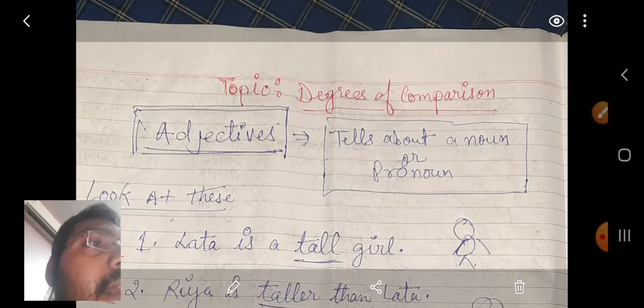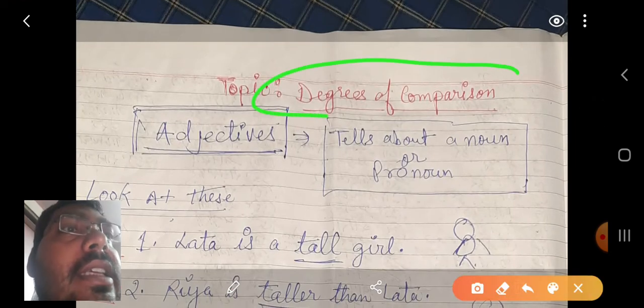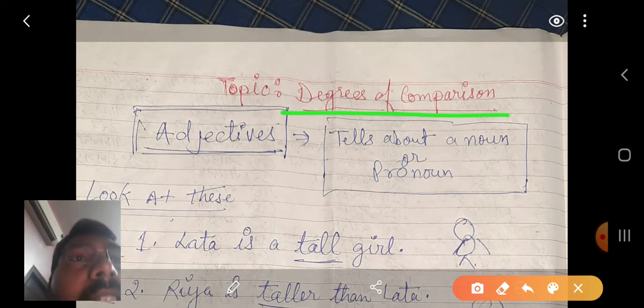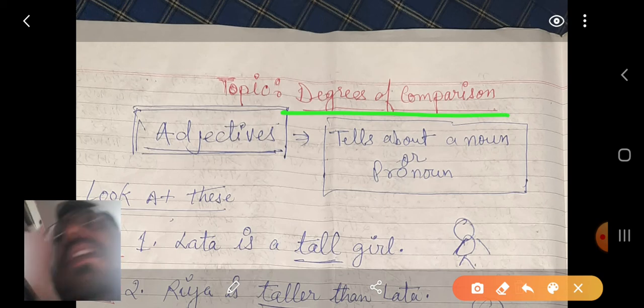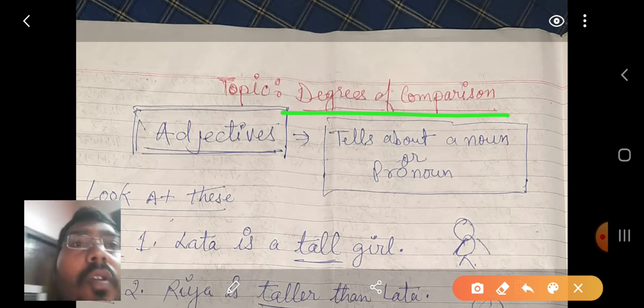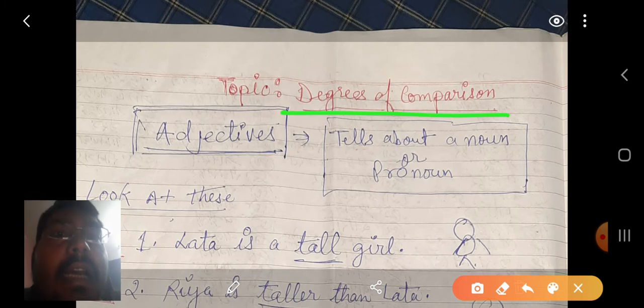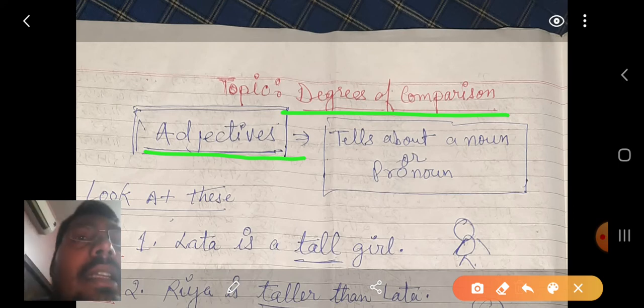Today we will study in detail about these degrees of comparison. What are they? These degrees of comparison are actually adjectives.